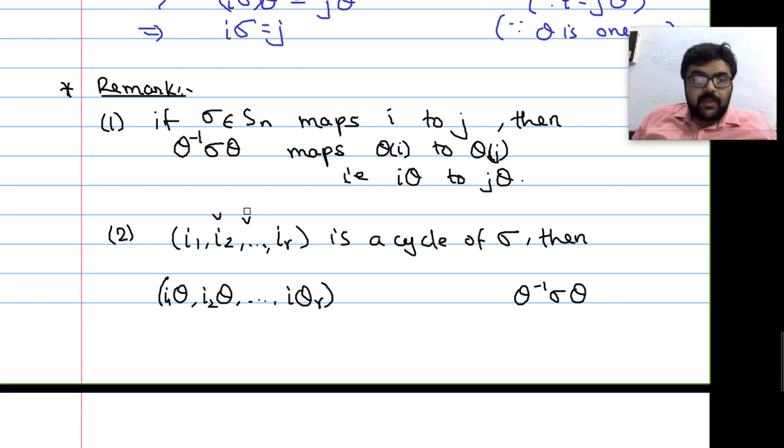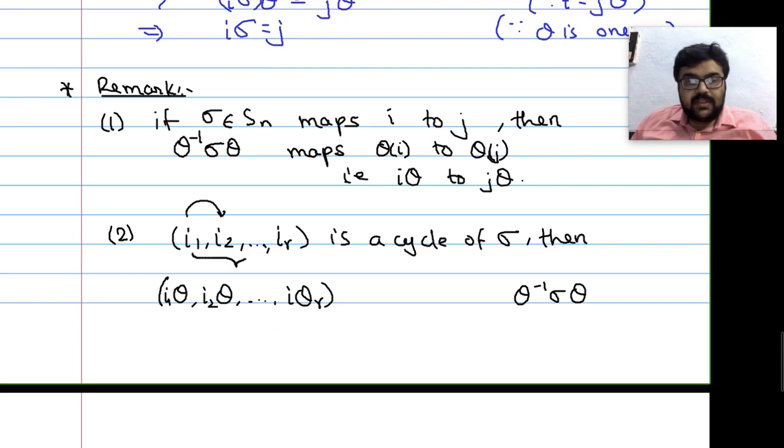Clear? Once again I am repeating, you can go back and repeat whatever we have discussed. If this is a cycle of sigma, it means sigma I1 is I2. Then we take the conjugate with respect to theta inverse sigma theta. If sigma sends I1 to I2, then this will send theta I1 to theta I2. Similarly, I2 goes to I3, then theta I2 goes to theta I3, and so on.